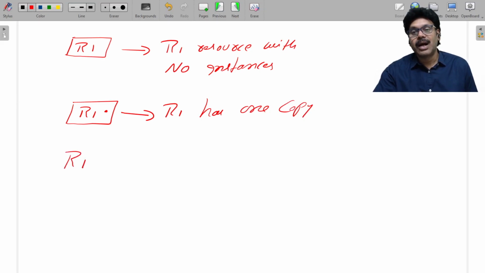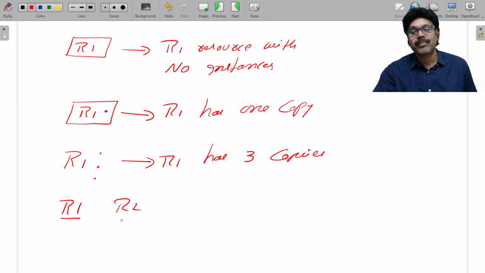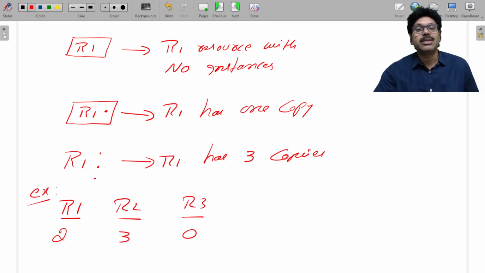And the other one, R1 has 3 dots, which indicates that R1 has 3 copies. And sometimes he will also say that R1, R2 has 2 resources and 3 resources, and R3 has 0 resources. This is also a valid example. If not dots, he will give a numerical like this.